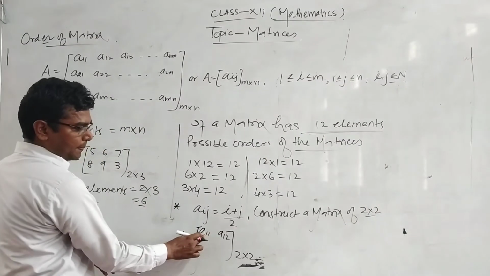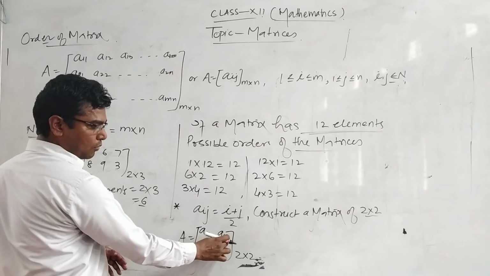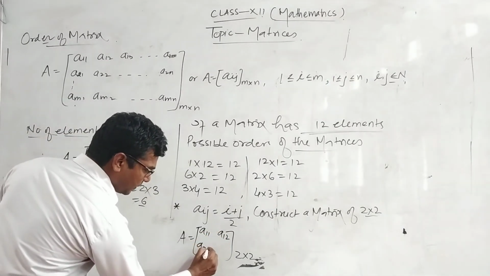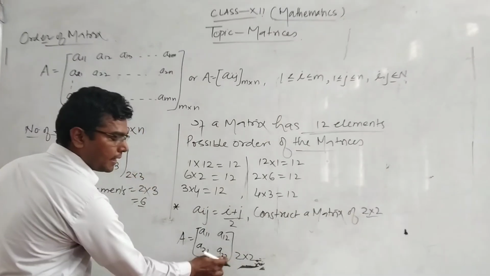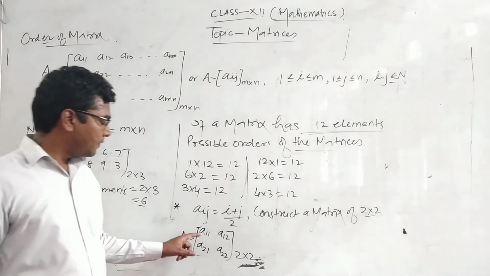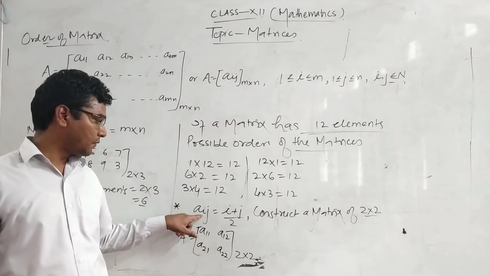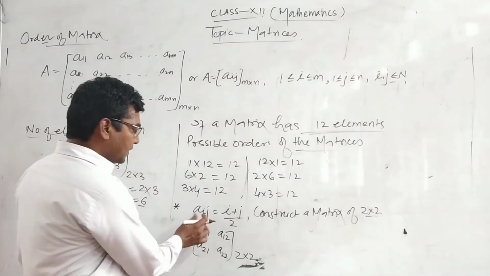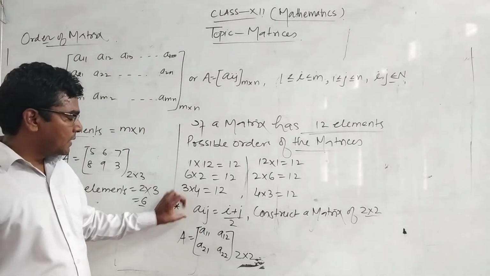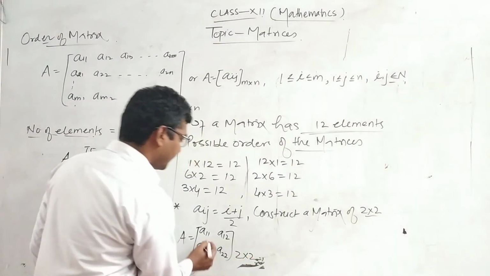This is row number 1 and column number 1. This is row 1 and column number 2. Similarly, it will be A21 and A22. Right? Now it is pretty clear that the first index shows the row number and the second shows the column number. With the help of this general representation, we can write the exact value of the elements.